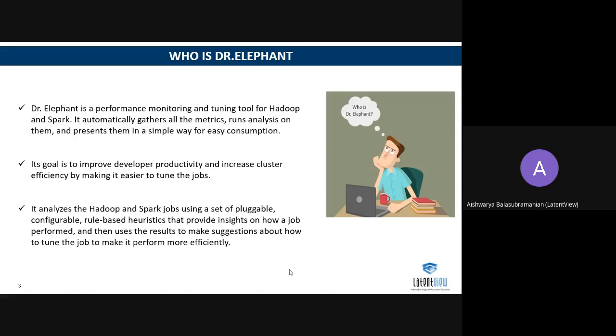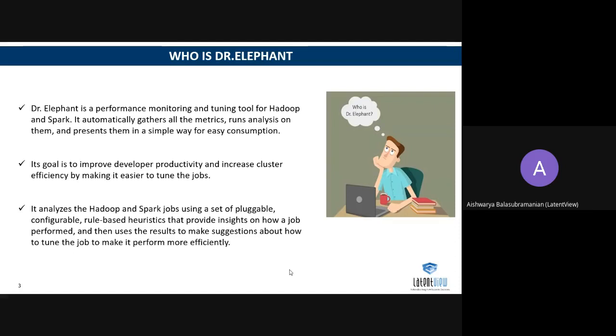So it is similar to your doctor. You go to the doctor, you tell all your problems, and later he will prescribe you some medicines. It is the same way. Here you're telling all your problems, it gathers all the metrics, takes all the information it requires, and finally gives you a set of configurable parameters that you have to use for your job.